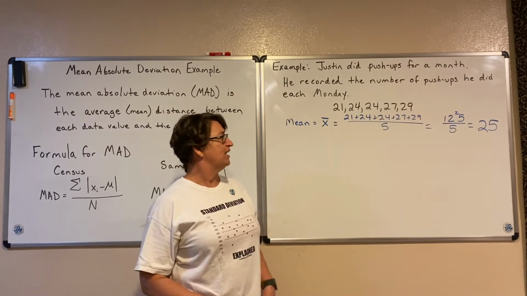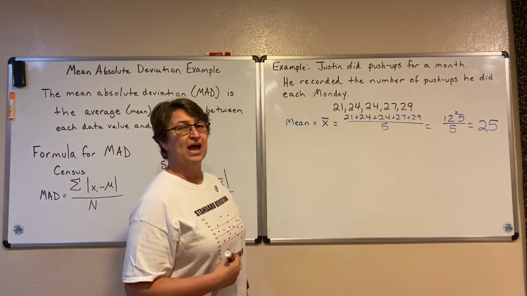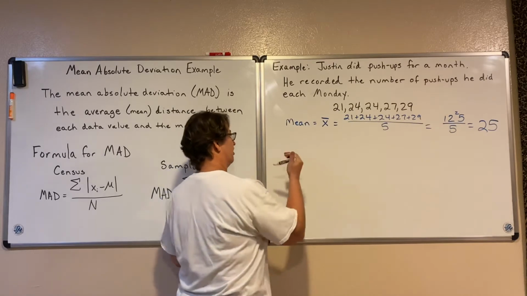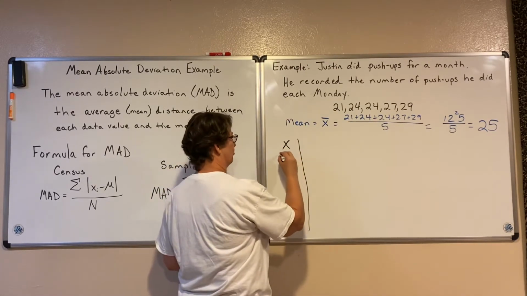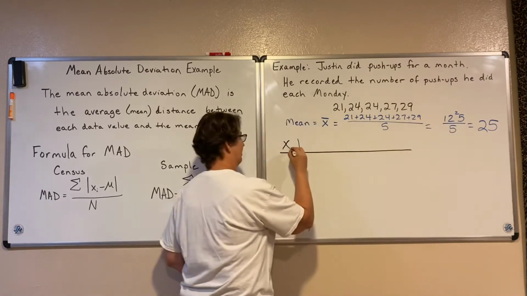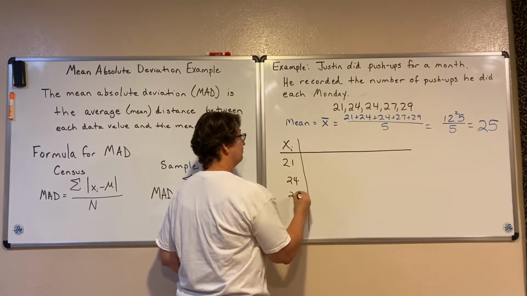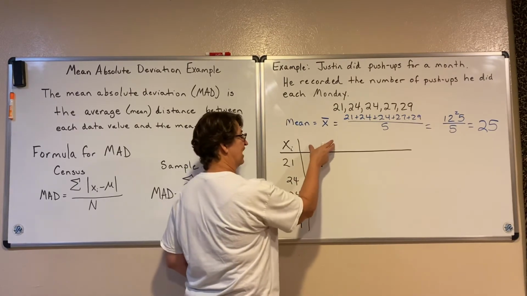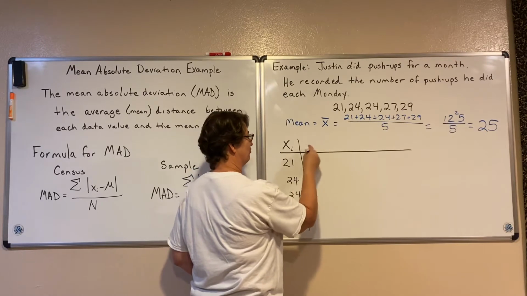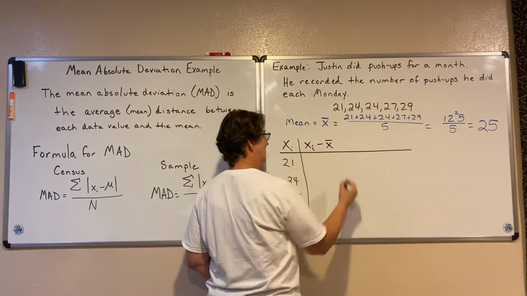Now, we're going to find the difference between each of those. To keep myself organized, I like to make a little chart of the data to help me see exactly what I'm doing. So I'm just going to write down first all my data values: 21, 24, 24, 27, and 29. Then in this next step, I'm going to find the difference between those data values and my mean.